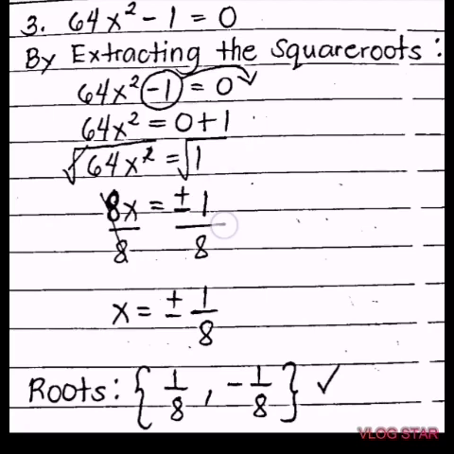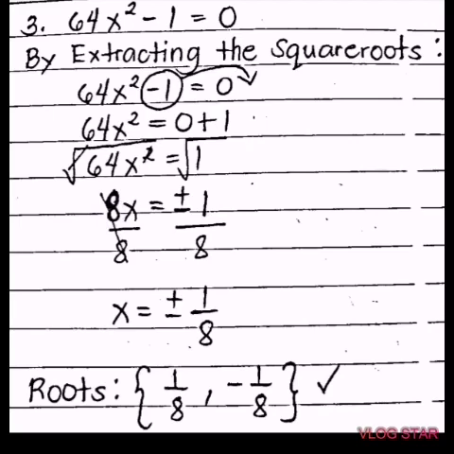Positive or negative 1. Then we divide both sides by 8, because we have a value of a, which is 8. If there is a value of a, then we have to divide both sides by it. If it is 5, then divide both sides by 5. If it is 2, divide both sides by 2. So let us now cancel out.